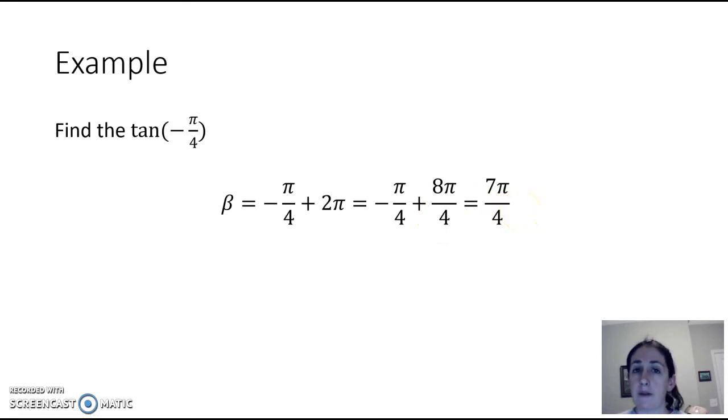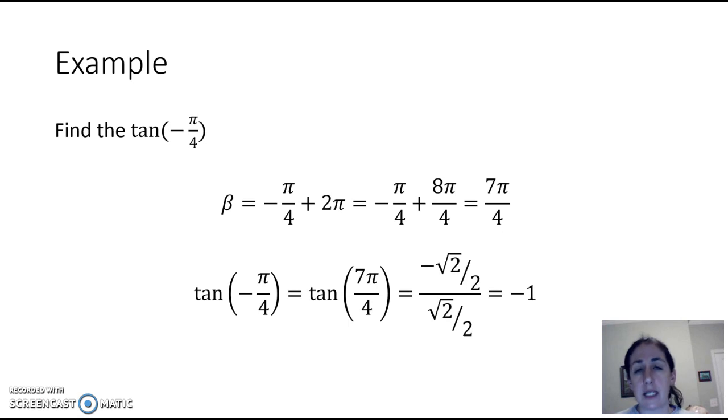So because trig functions of coterminal angles are the same, the tangent of negative pi over 4 would be equal to the tangent of 7 pi over 4, which is the y value divided by the x value. Take negative root 2 over 2, divided by root 2 over 2, and you get negative 1. So the tangent of negative pi over 4 is negative 1.